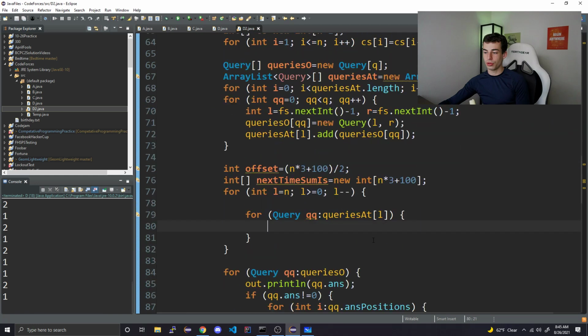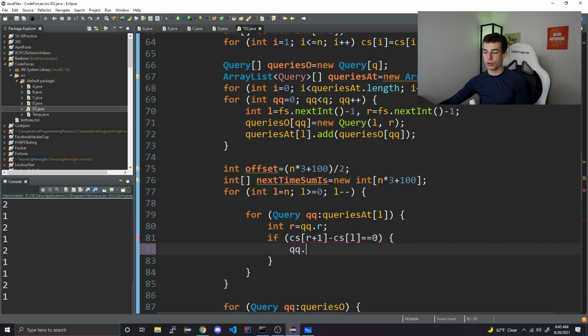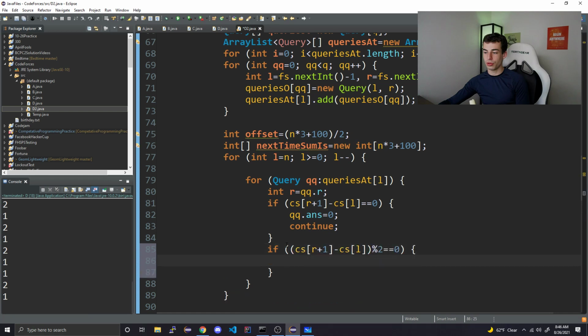So int R equals qq.R. So if cs at R plus 1 minus cs at L is equal to 0, then qq.ans equals 0, and then continue. All right, so what if cs at R plus 1 minus cs at L mod 2, if it's an even number of things, that means we have to remove 2 things.